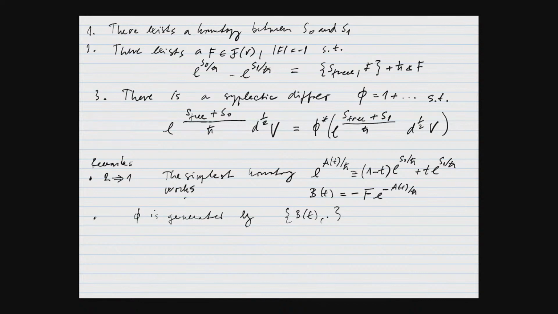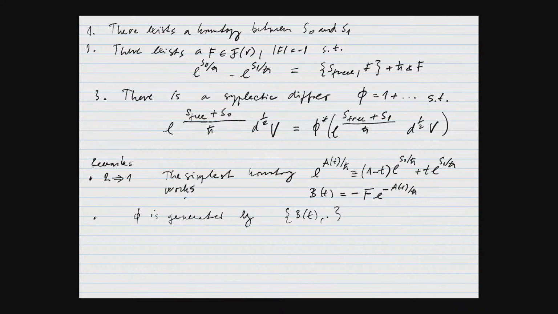The logic of my claim was that you have three equivalent statements: that there exists a homotopy between two Batalin-Vilkovisky actions, or the difference is exact in some sense of the exponentials, and the third one, that there is a symplectic diffeomorphism between them.